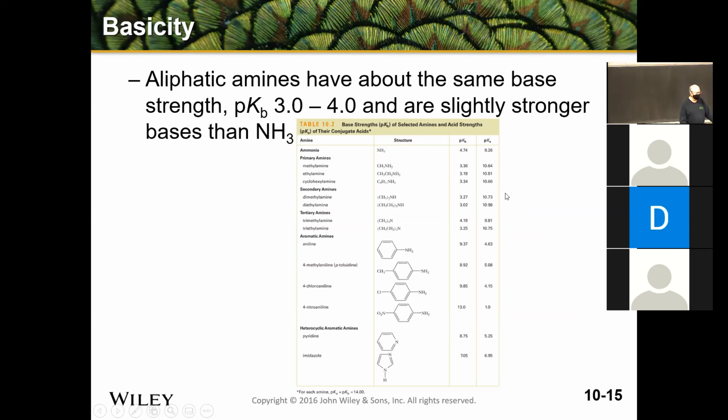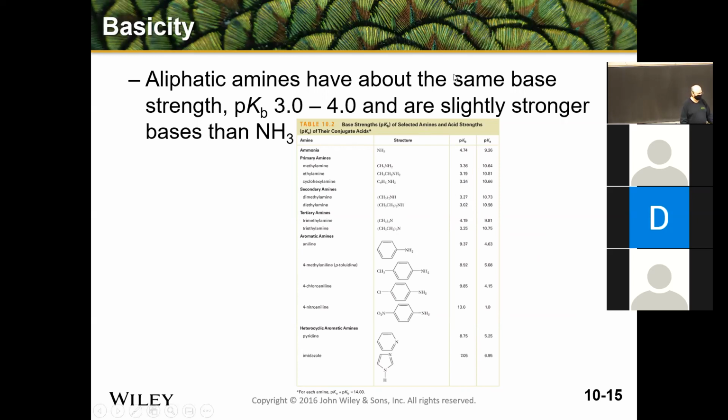Putting other ethyl groups on there doesn't change the pKb much. We have an ethyl or a cyclohexyl, not much difference in the pKb. Secondary amines, there's a slight decrease in the pKb, so a slight increase in basicity.